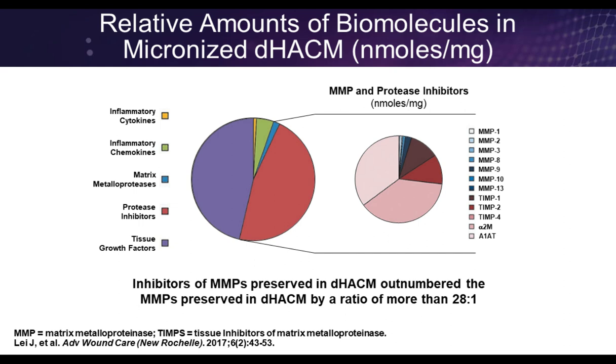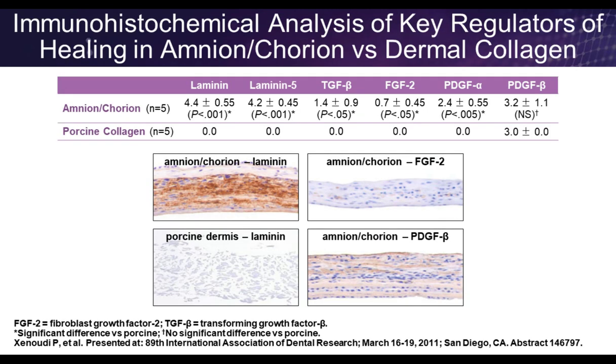In addition, just to give you an idea of some of the relative abundance between the presence of several key proteins like laminin or growth factors like TGF-beta or fibroblast growth factor or PDGF, you can see that in the amnion chorion unit, this is much, much different than what we see in a mature pigskin dermis.